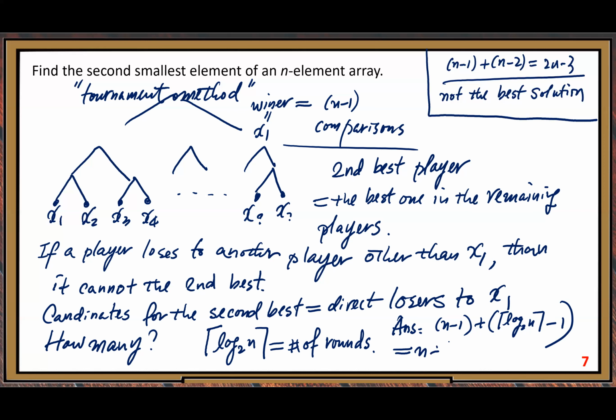n plus the ceiling function of log base 2 of n minus 2. So that is the final formula for the question. For the second smallest element, or the second largest, it's the same thing, you just apply this formula. Okay?